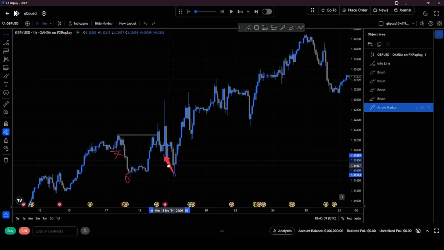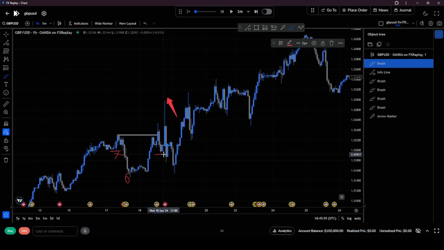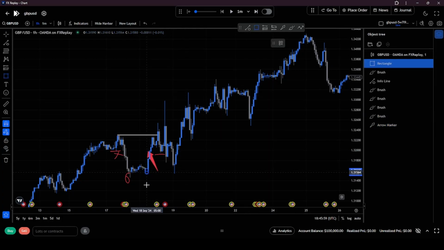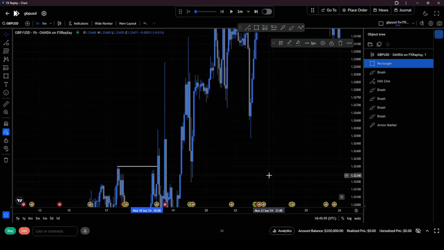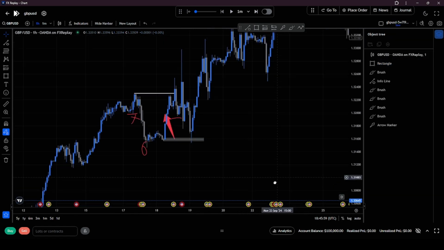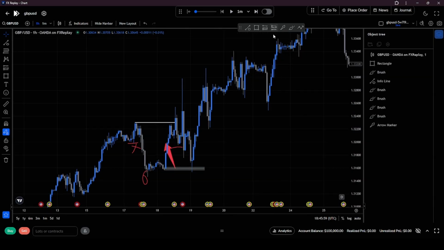Price came back, gave a major inducement here, and couldn't break and close above this high. So price came back again to sweep that major inducement and mitigate this small demand zone, and then headed out.